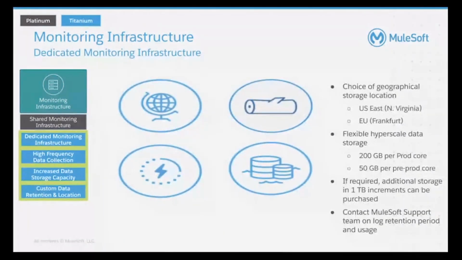It gives you a choice of geographical storage location and flexible hyperscale data storage, like 200 gigs per prod core and 50 gigs per pre-prod core. If required, you can also buy storage up to 1 terabyte, and contact MuleSoft support and things like that.